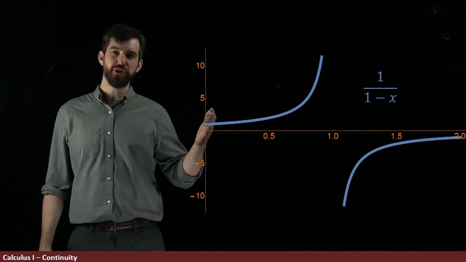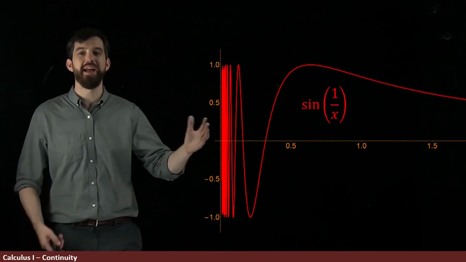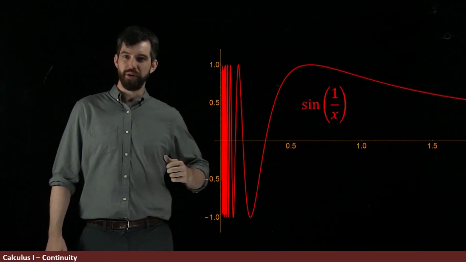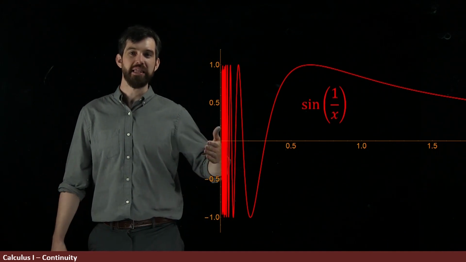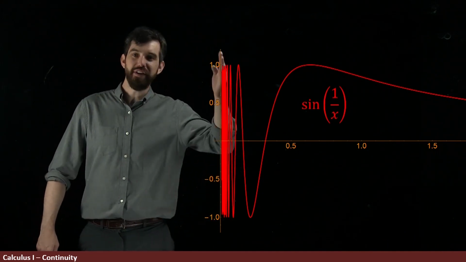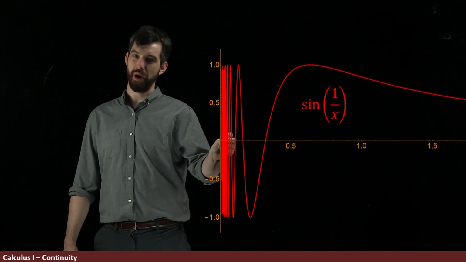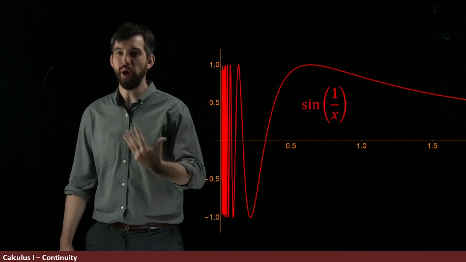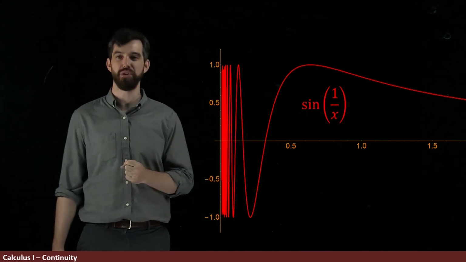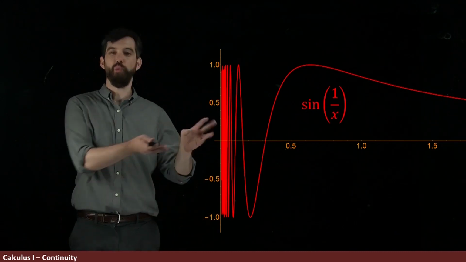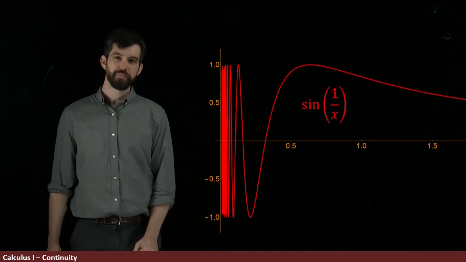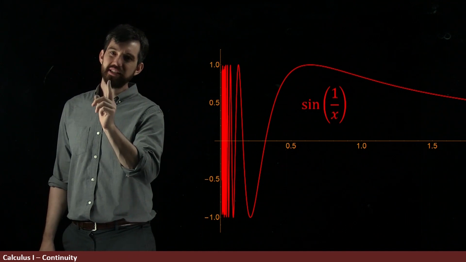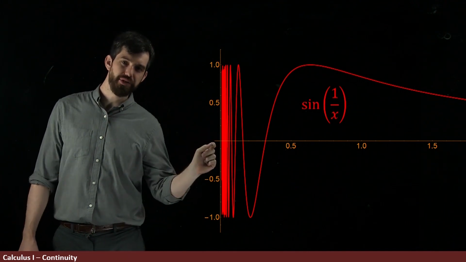And then finally, I want to show you this function, the sine of 1 over x. We've seen that as well, where we're also not going to have a limit. We've got this infinite oscillation at this particular point. And indeed, sine of 1 over 0 is not even defined. So you also have this sort of weirdness going on. Now note that the weirdness is only going on around 0.